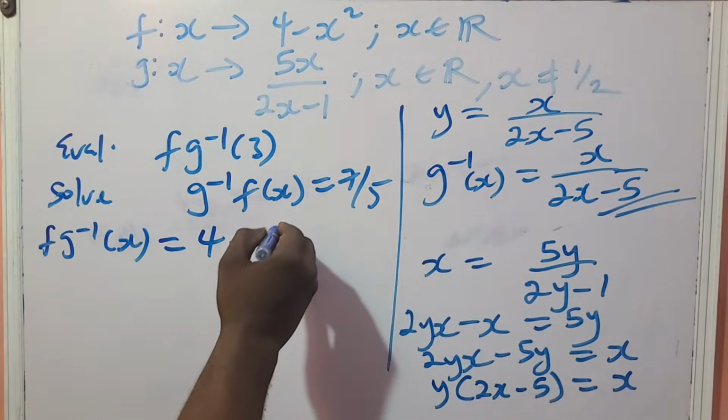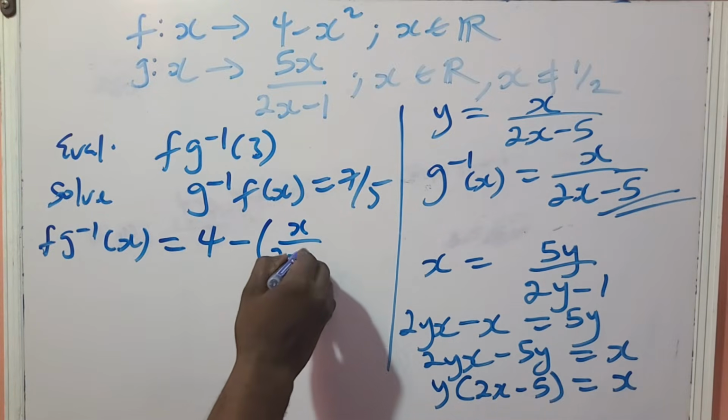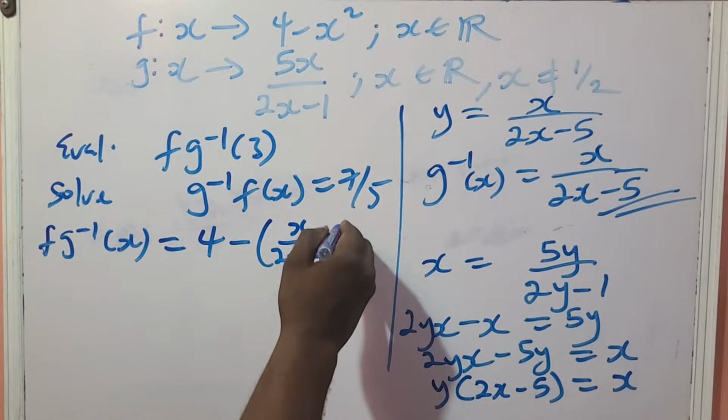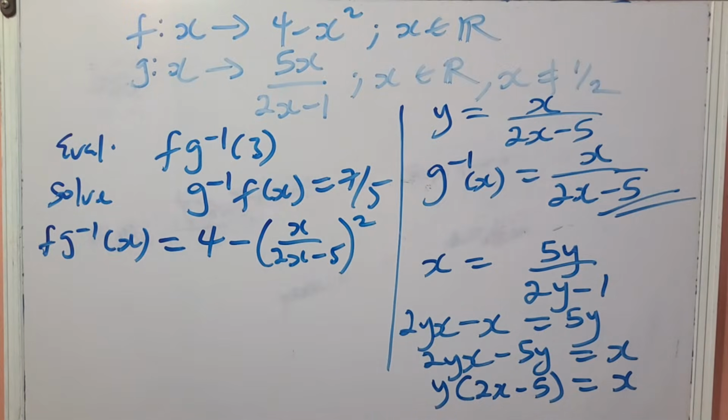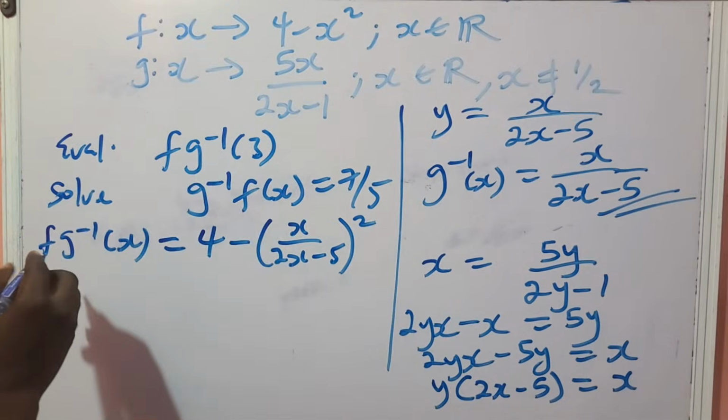So that will be g inverse, x over 2x minus 5, all squared. Now, I don't need to waste time. I can go on now to fix in my value of x as 3.